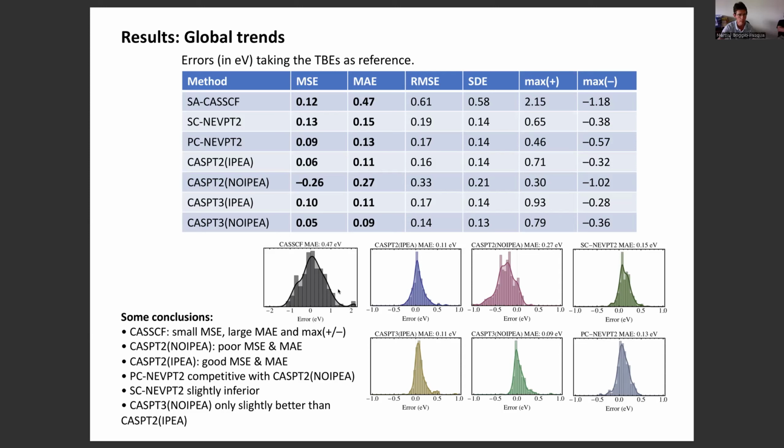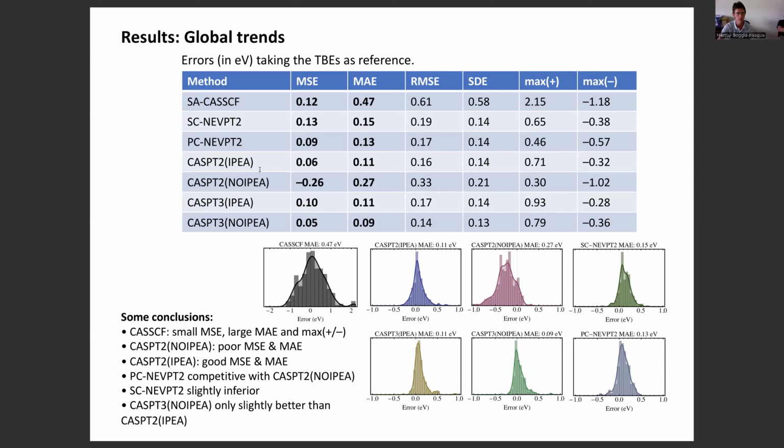Now, when we include the dynamic correlation at the CASPT2 level, let's start with the case where we don't include the IPEA shift. Of course, the average error is much better, but still quite substantial, around 0.3 eV. And we can see that the distribution has moved to the left. So we systematically underestimate the vertical transition energies in this case.